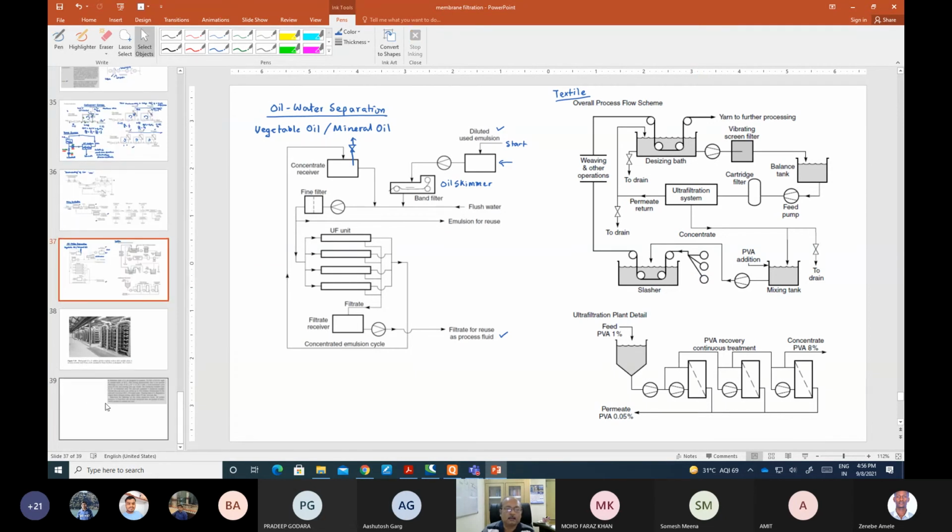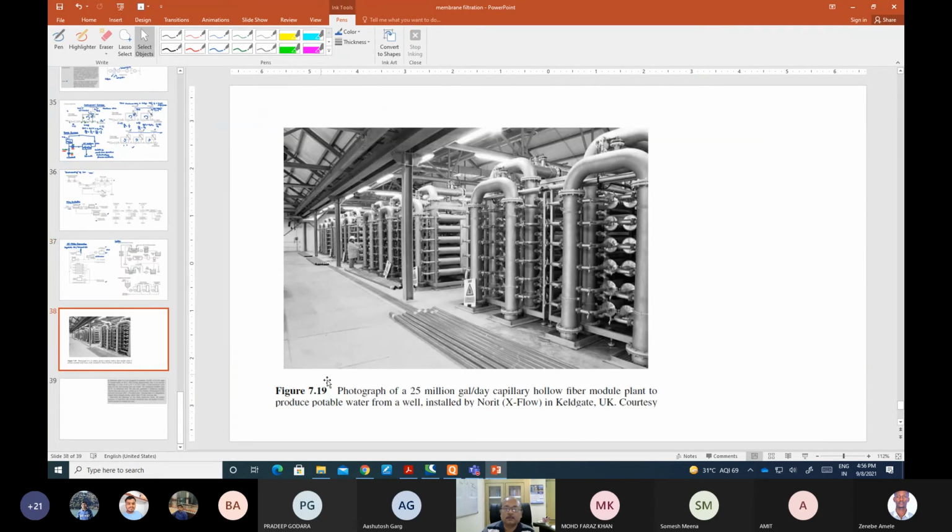All right. Now this is a photograph of a microfiltration unit. It is a hollow fiber module plant to produce potable water from a well in the UK.